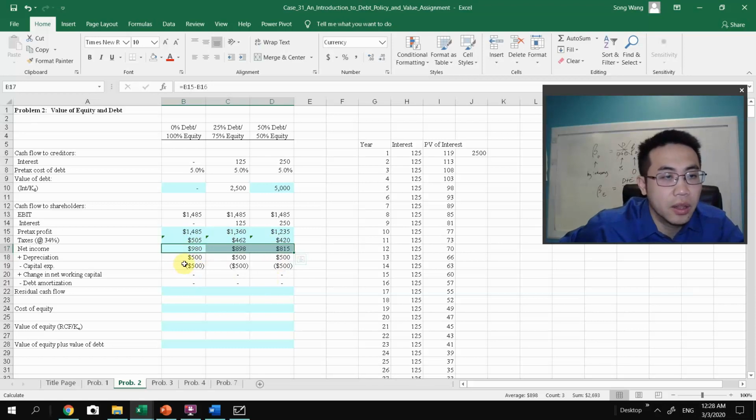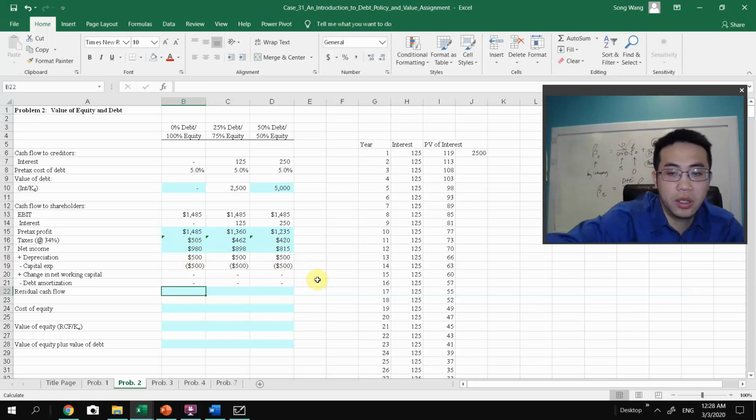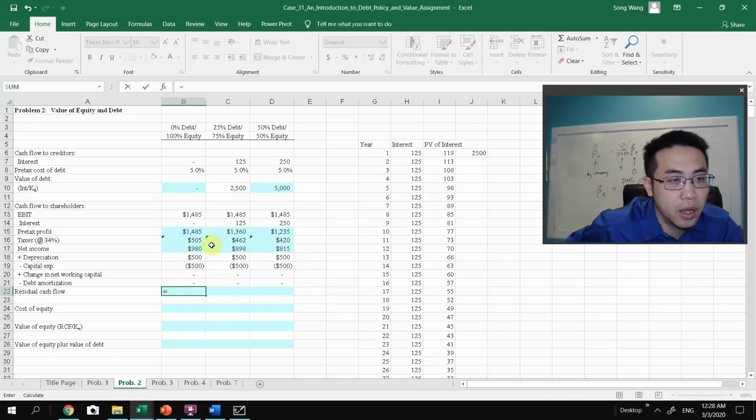Okay, and then for the residual cash flow, it equals the net income plus all of this depreciation minus capital expenditure and a change in net working capital. Just use the summation for all of this.